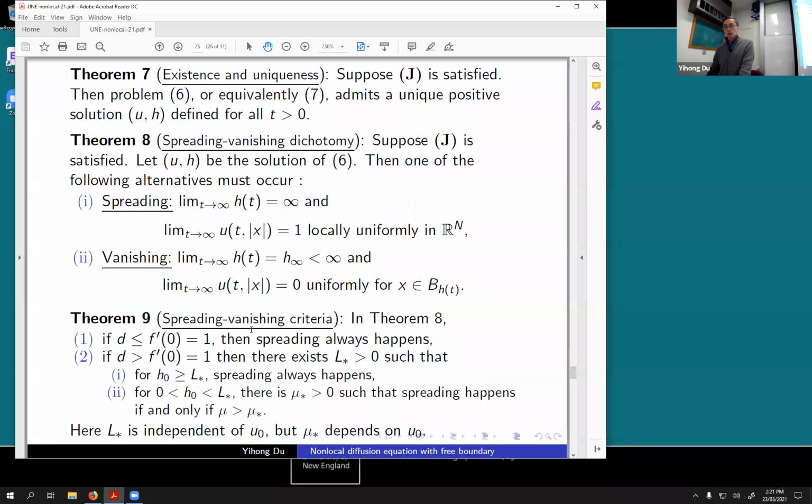So we can show this problem is well posed, and we have a spreading-vanishing dichotomy, just similar to the one-dimension case and the local diffusion situation. We can determine exactly when these two happen, and we have a complete classification of cases.